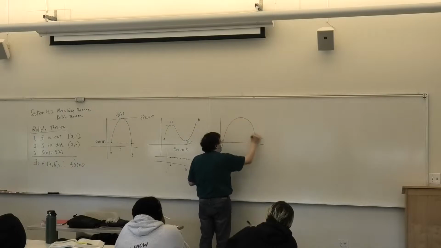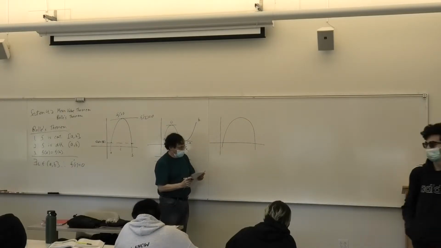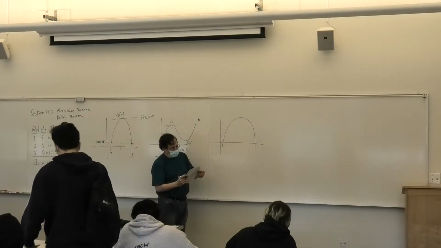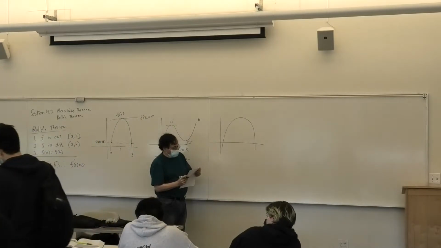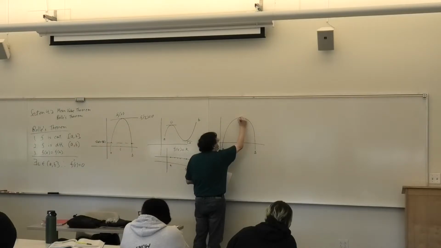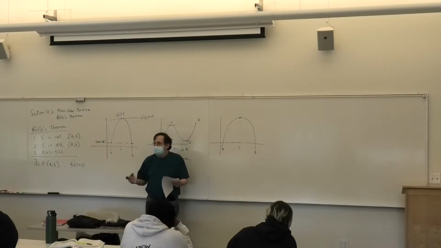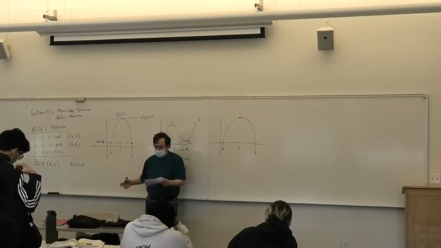I can draw it the same. Doesn't really matter. I don't want to draw something that misstates the conditions, but this will do. We look for some point between A and B, and if its derivative is 0, we're done. We found that point.